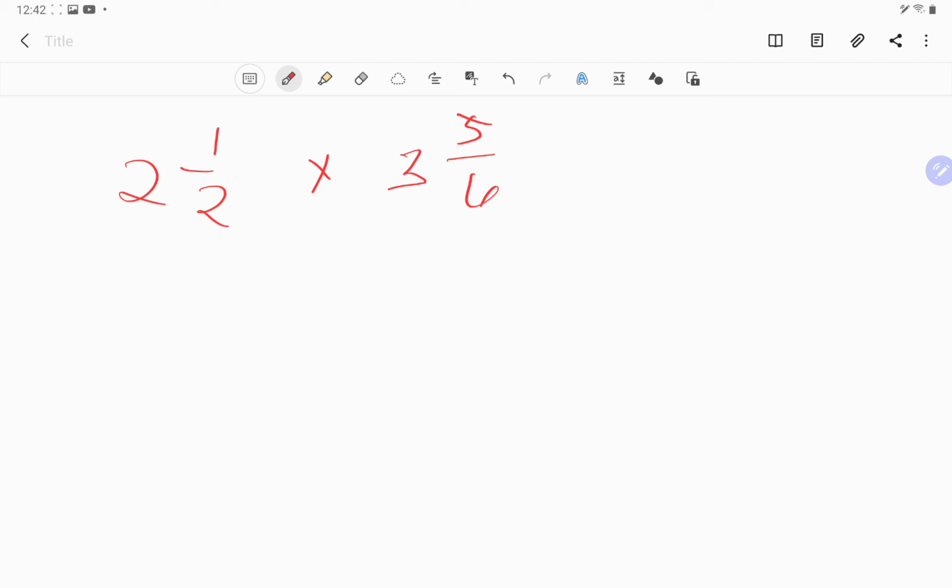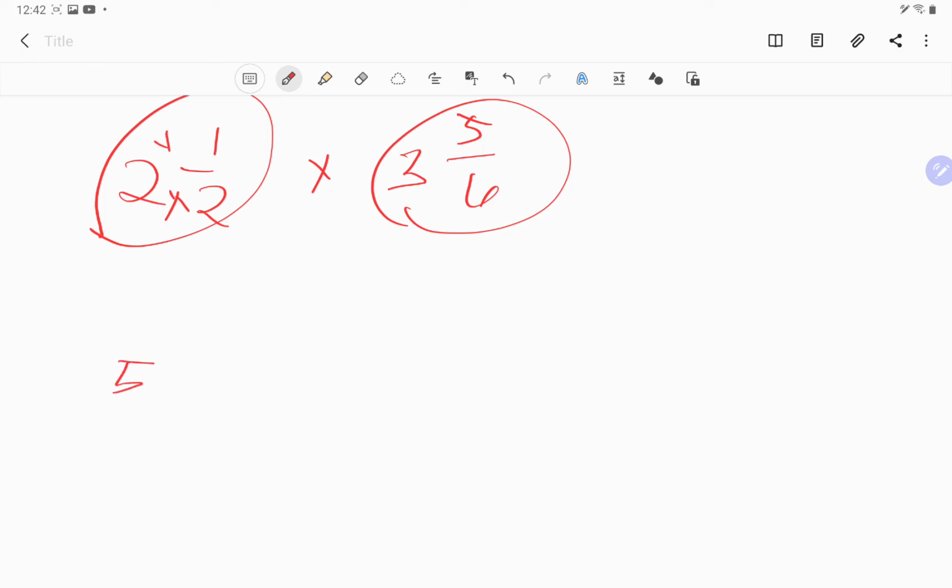So, ang gagawin natin, i-convert muna natin ito sa improper fraction and also this one into an improper fraction para mas mabilis mag-multiply. Okay, paano natin siya i-convert? So, ang gagawin natin, i-multiply natin itong denominator sa whole number. 2 times 2 is equal to 4 plus 1 is equal to 5. Then, ikakopy natin itong denominator, 5/2.